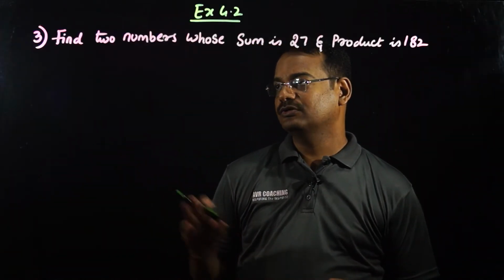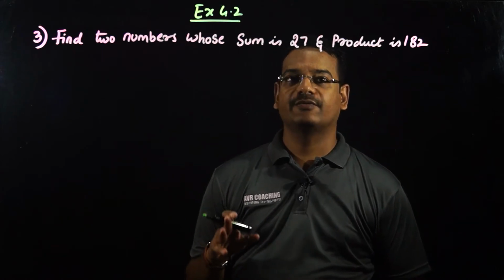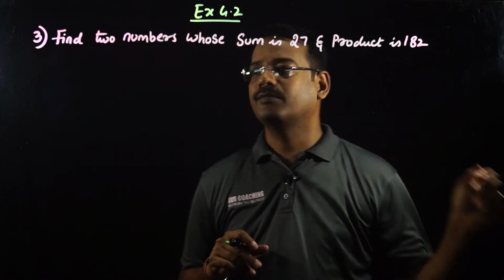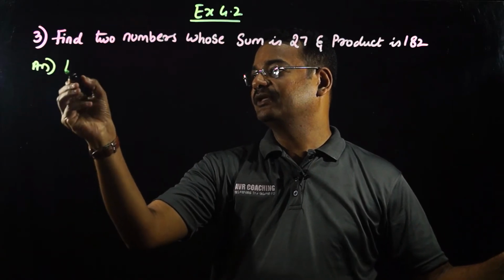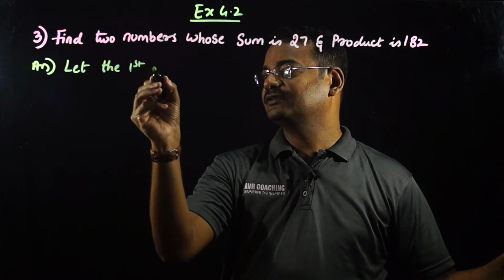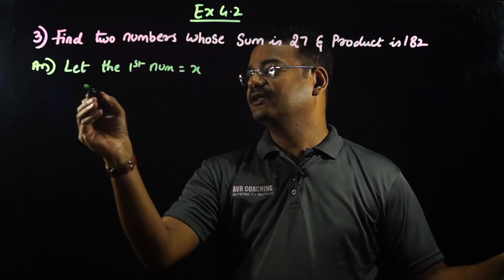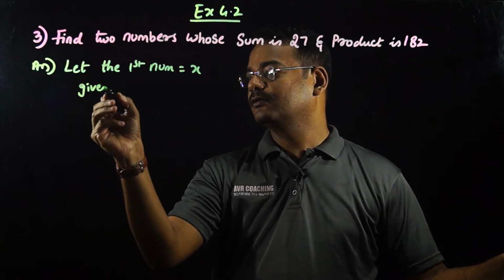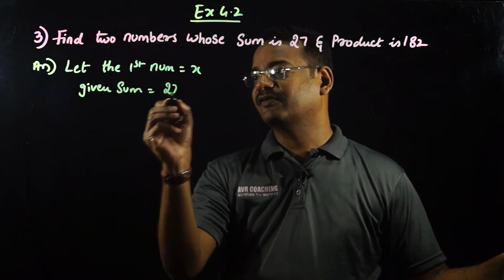Exercise 4.2, third problem. Find two numbers whose sum is 27 and product is 182. So let the first number be x, and given the sum of two numbers is 27.